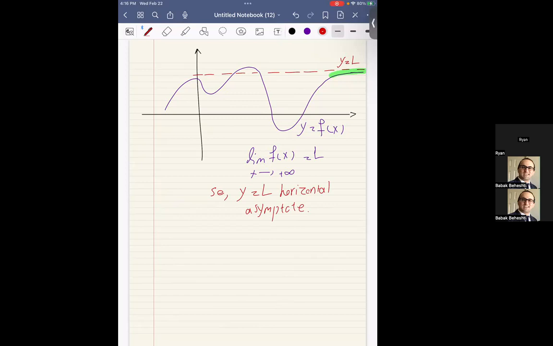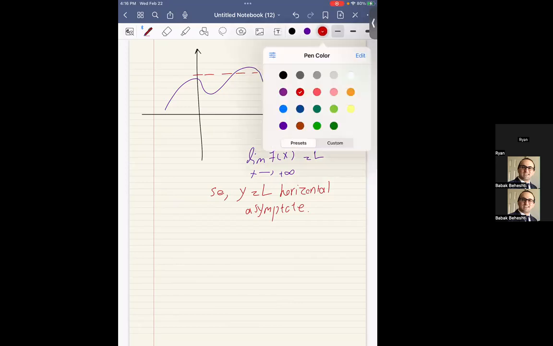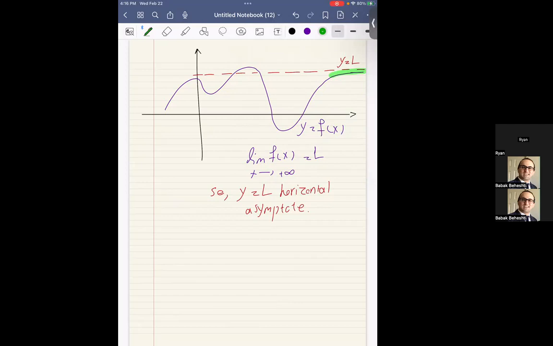Let me tell you more examples. So sometimes, for example, we have rational functions. So another example, example of rational functions.